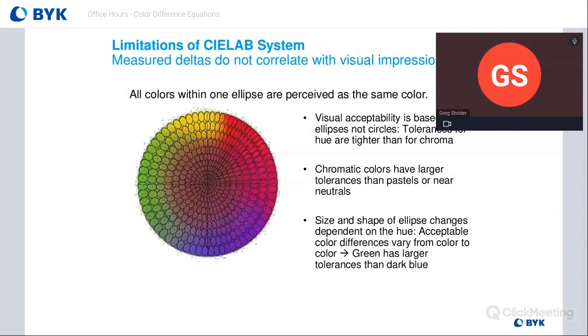There are limitations within the CIELAB system. Like I spoke about early, it's not very uniform. And what we show here are ellipses of all equal to each other. And you can see how the ellipses in the center of color space are very, very small and circular-like, like a sphere. And as you get more and more chromatic, they tend to get larger and they tend to spread.